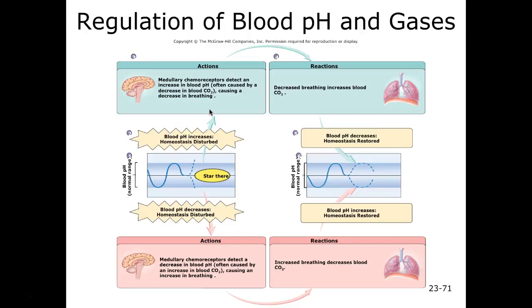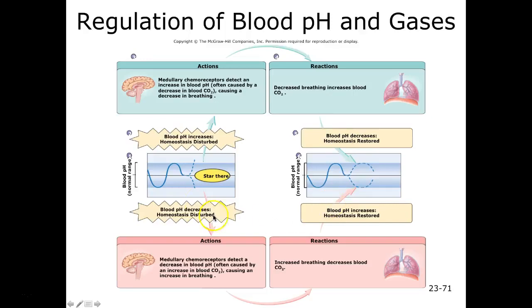So what we want to do is have some of our effectors go to work, and our effectors in this case are going to include our diaphragm and other respiratory muscles, like our intercostal muscles, and they will work to slow down their contraction, so that will decrease the rate of breathing or ventilation that's going to take place. By doing this, we increase our carbon dioxide level, which will cause our blood pH to decrease.